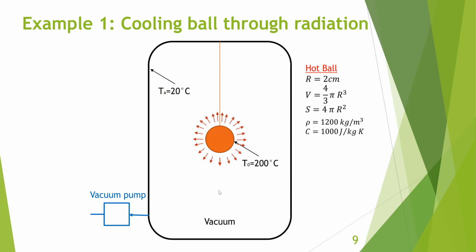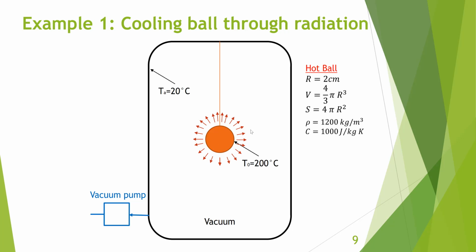It's not pure vacuum, it's an industrial vacuum, but it is sufficient to minimize the convection and conduction phenomena. And this vacuum chamber is at T equal to 20 Celsius.